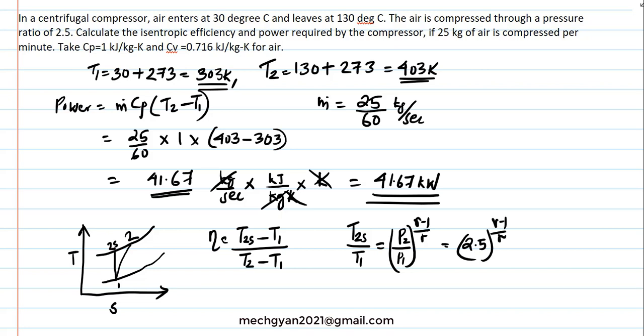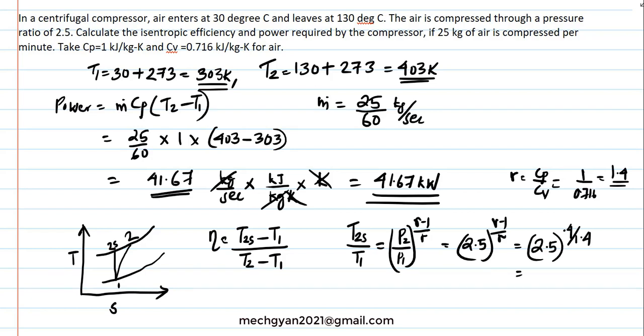So the value of gamma is equal to Cp by Cv, so it is 1 by 0.716, we will get 1.4. So that is equal to 2.5 raised to (1.4 minus 1 is 0.4) divided by 1.4.